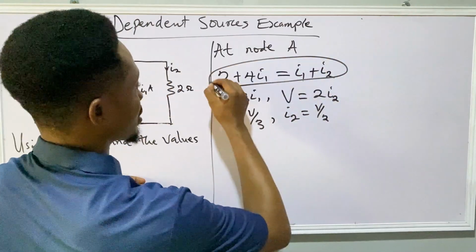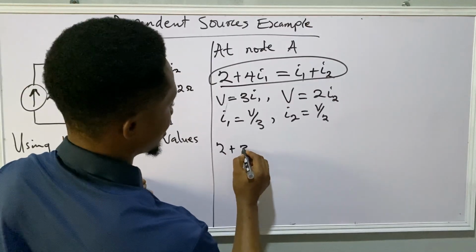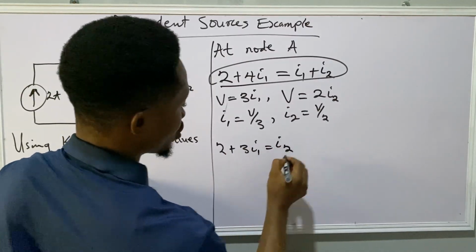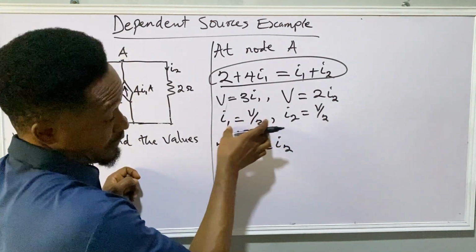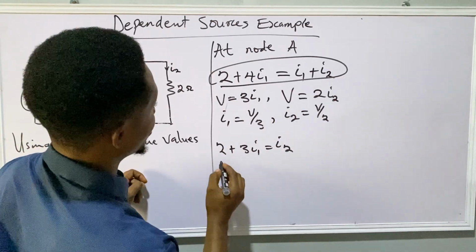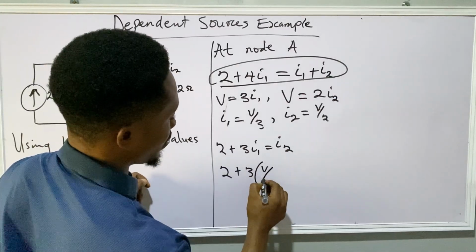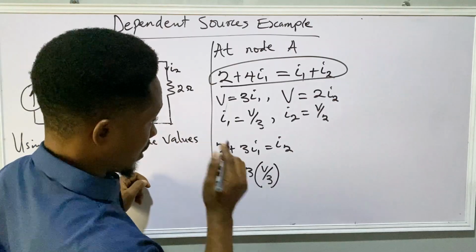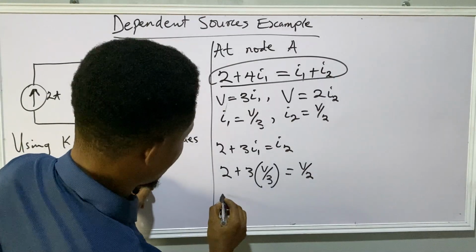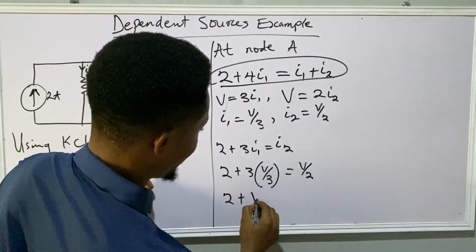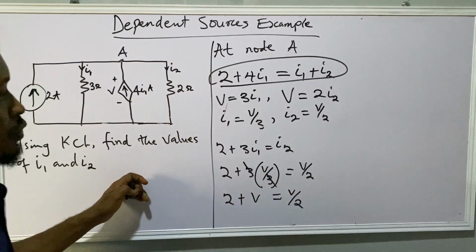So from this, we can see that 2 plus 3I1 equals I2. We can now substitute the values of I1 and I2 into this equation. So we have 2 plus 3 times I1, which is V over 3, equals I2, which is V over 2. So this is 2 plus V equals V over 2. This V and this V will go.